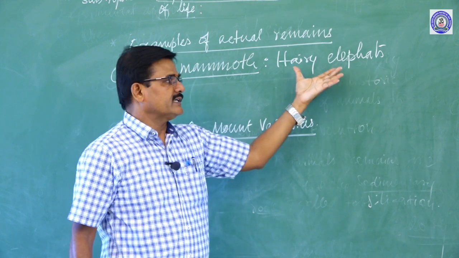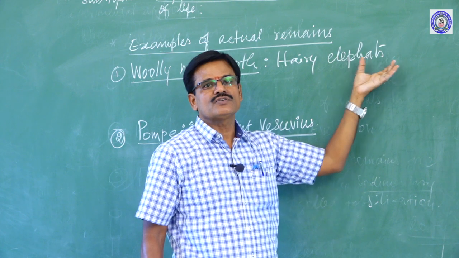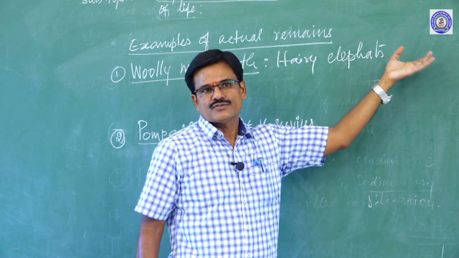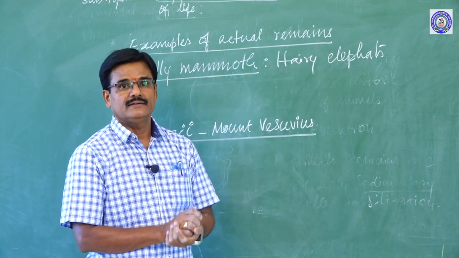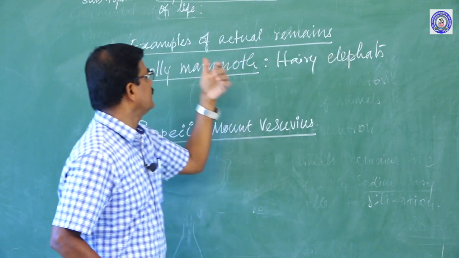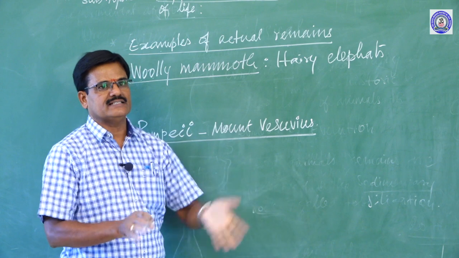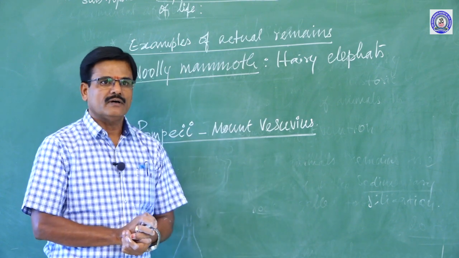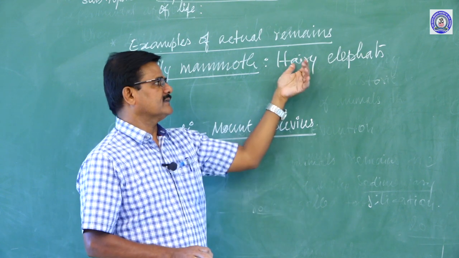After they died, the elephant's entire body was buried under the coast of Siberia. This is one example of actual remains. Already I told you actual remains means as it is, the entire organism or entire part of the organism can be buried under the earth.